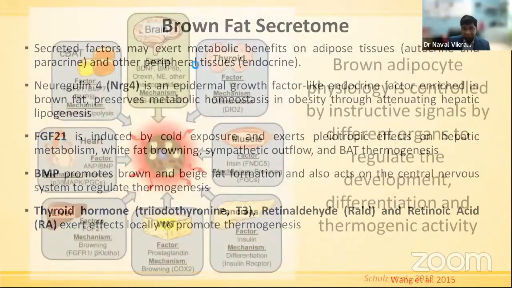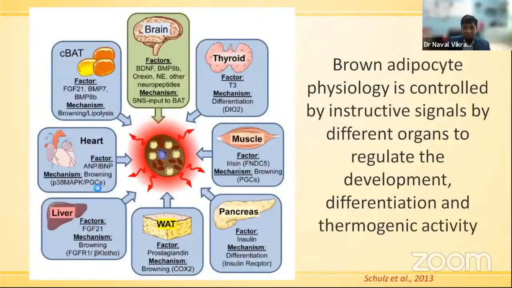As well, the brown adipocyte is affected by several other organs, from brain, thyroid, muscle, pancreas, and liver. Several of the factors secreted by these organs also affect the brown adipocyte, and they regulate the development, differentiation, and thermogenic activity.